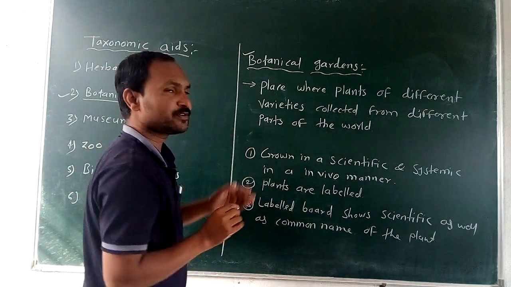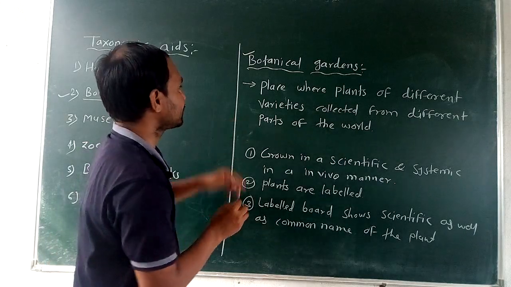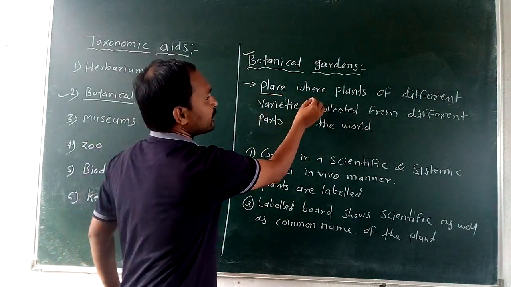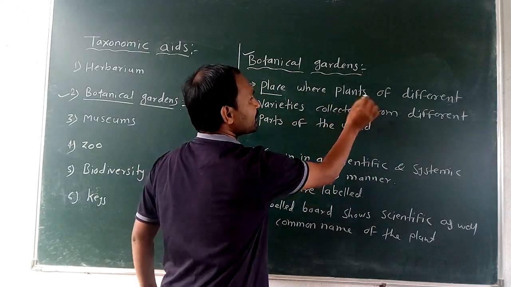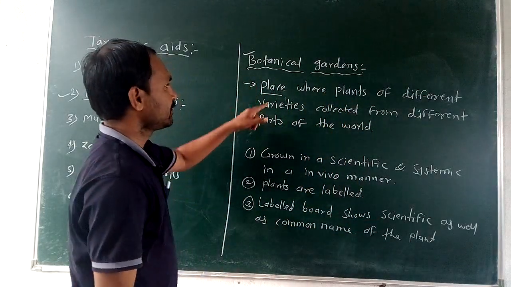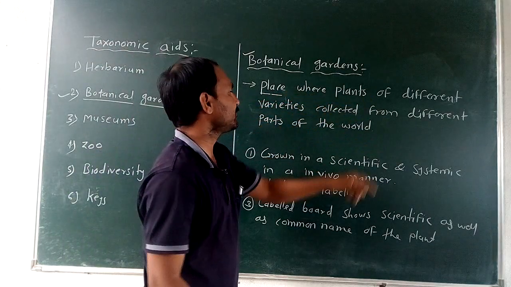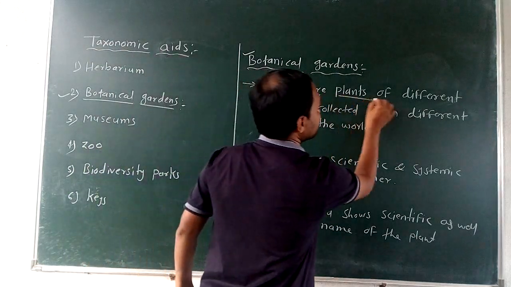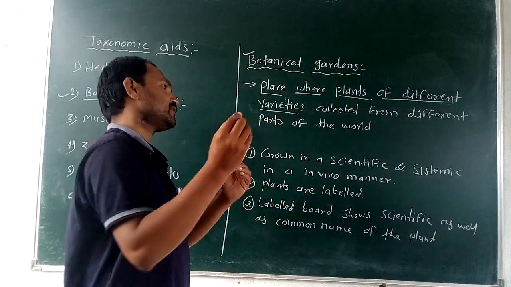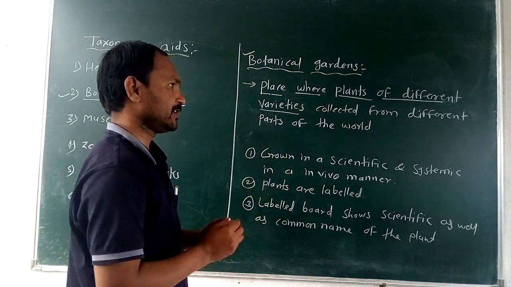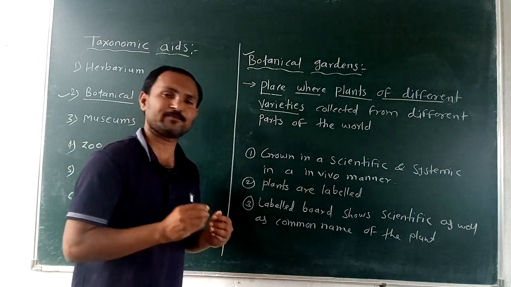Now the proper definition of botanical garden is here. Place where plants of different varieties collected from different parts of the world.